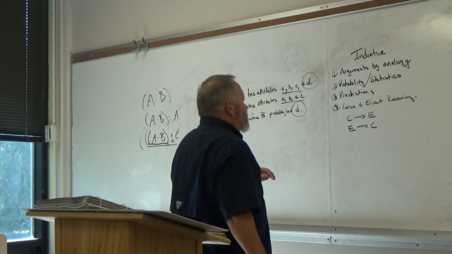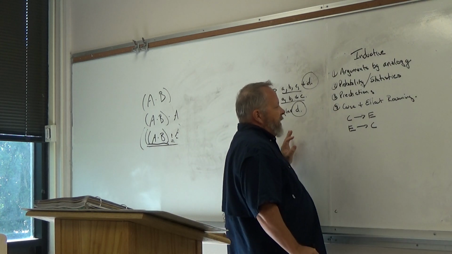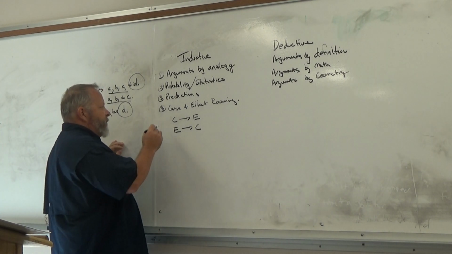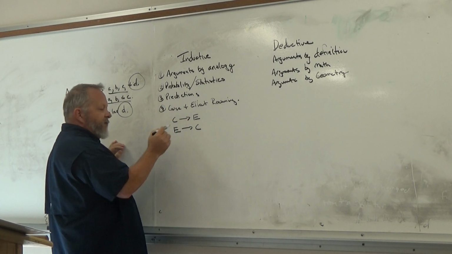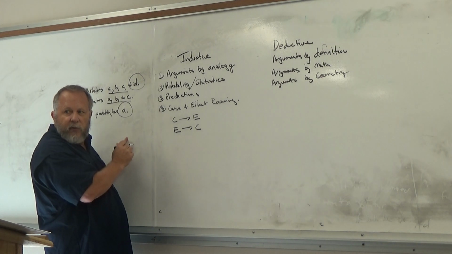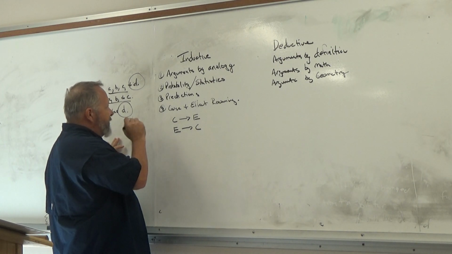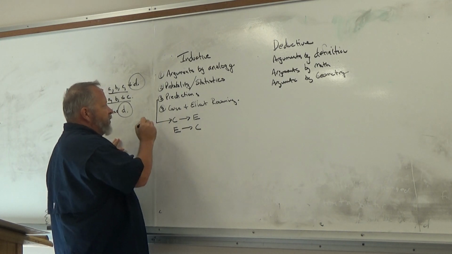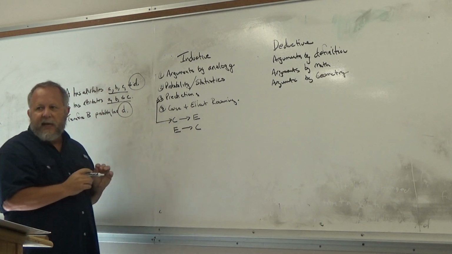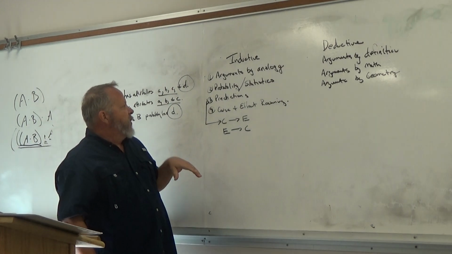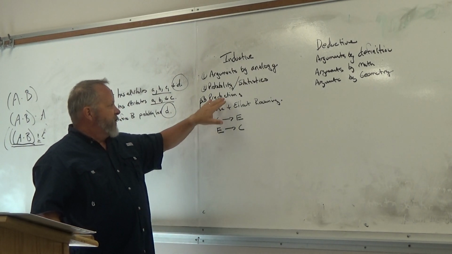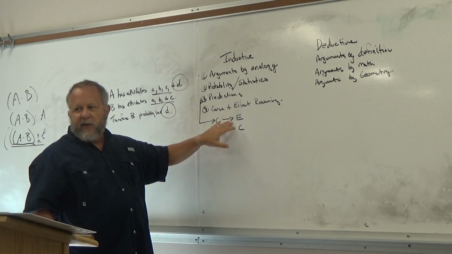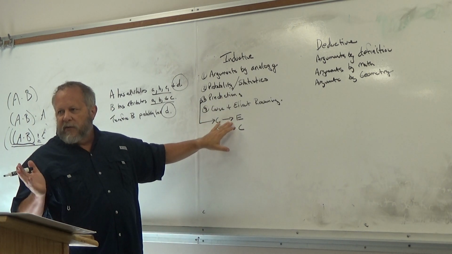So now, there is overlap between predictions and cause and effect reasoning, partial overlap. When you're making a prediction, you're in some sense arguing from a cause to an effect. Does everybody understand that? Okay? So you might label something as prediction, and I'll say yeah, and you might label the same argument cause and effect reasoning, and I'll take either of those answers.